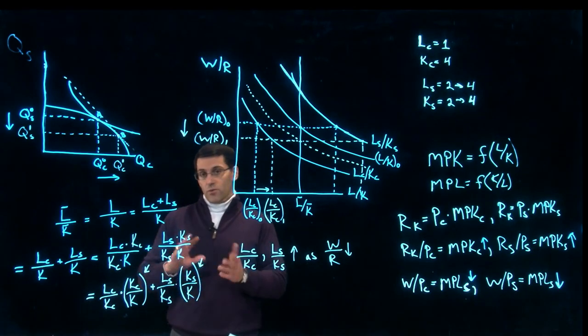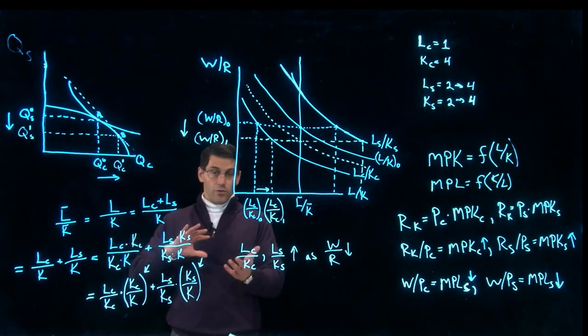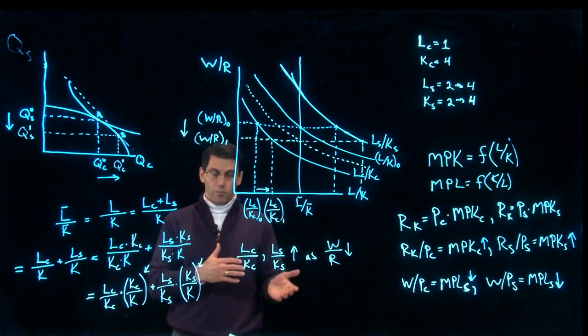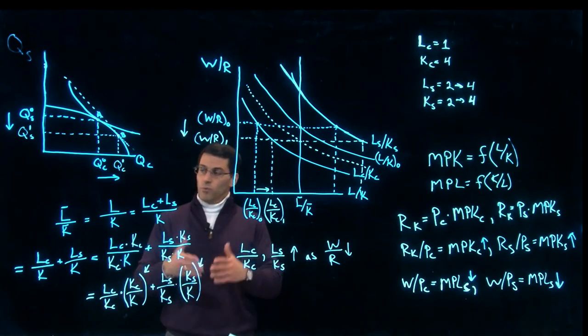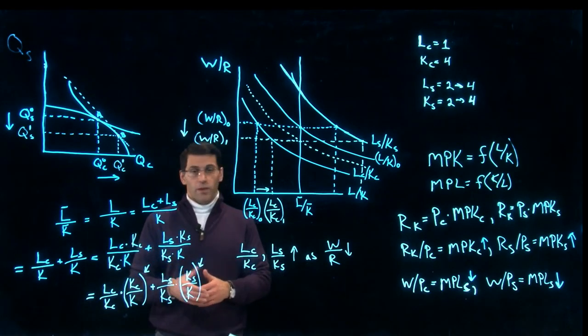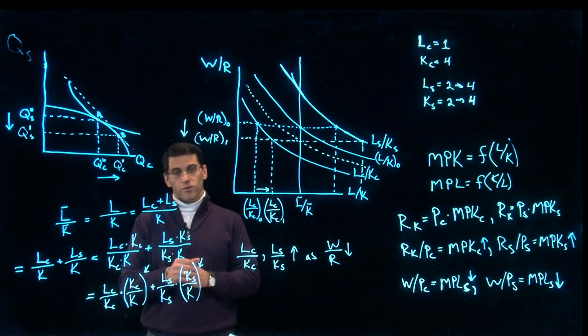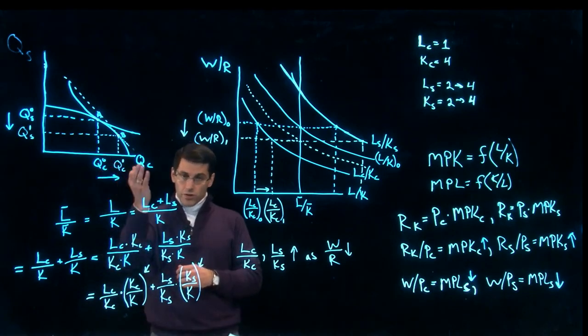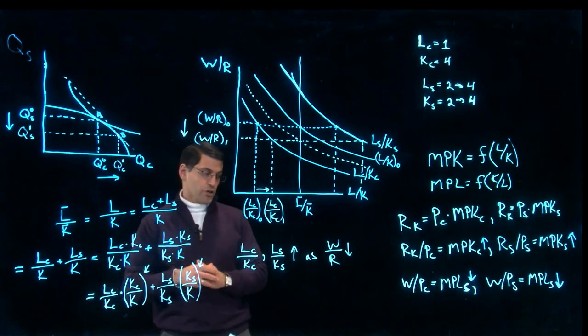Now, of course, everything we say for the home country, the reverse holds true for the trading partner, the foreign country. So when we open up to trade in this example, the home country sees the relative price of computers go up, rather. So we increase computer production, decrease shoe production.